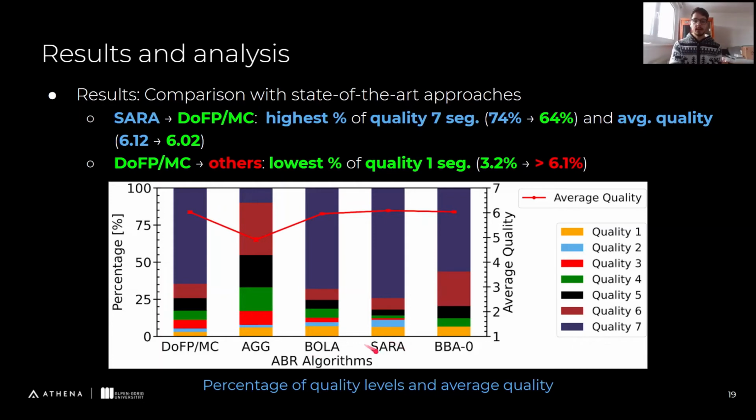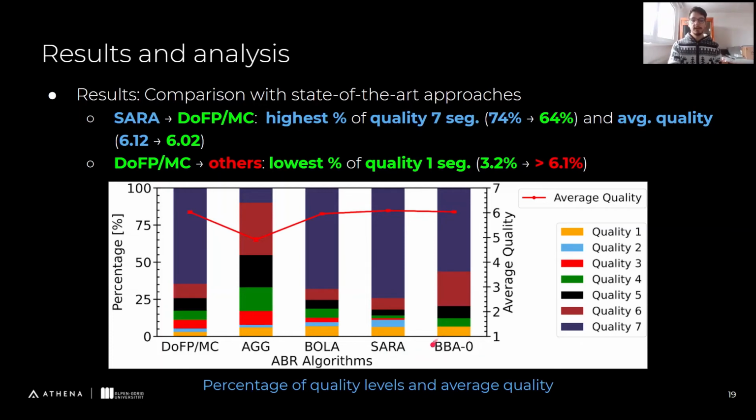Then we have SARA, which is a hybrid approach, so based on both throughput and buffer. It uses similar zones or similar ranges as we defined in the deadlines, where it can decide to increase more or less aggressively the bitrate of the segments.